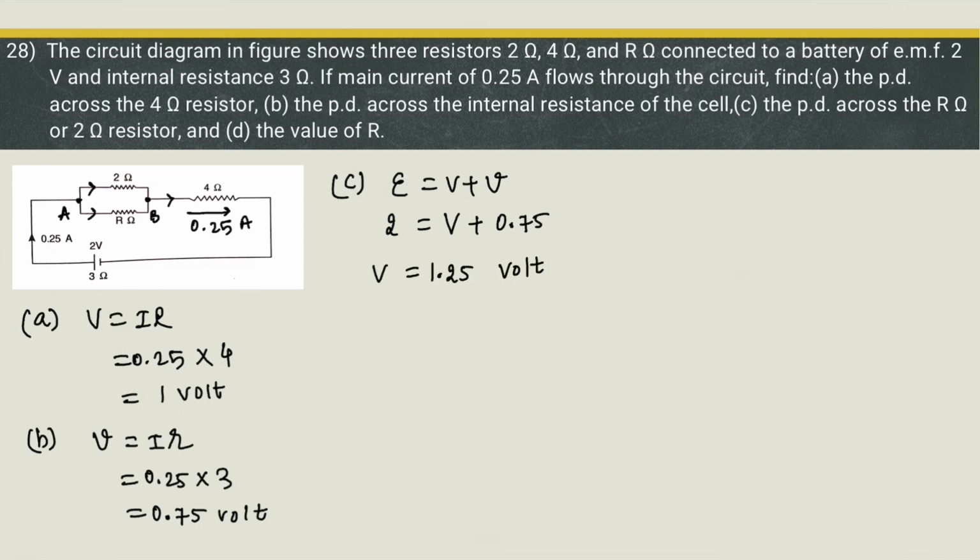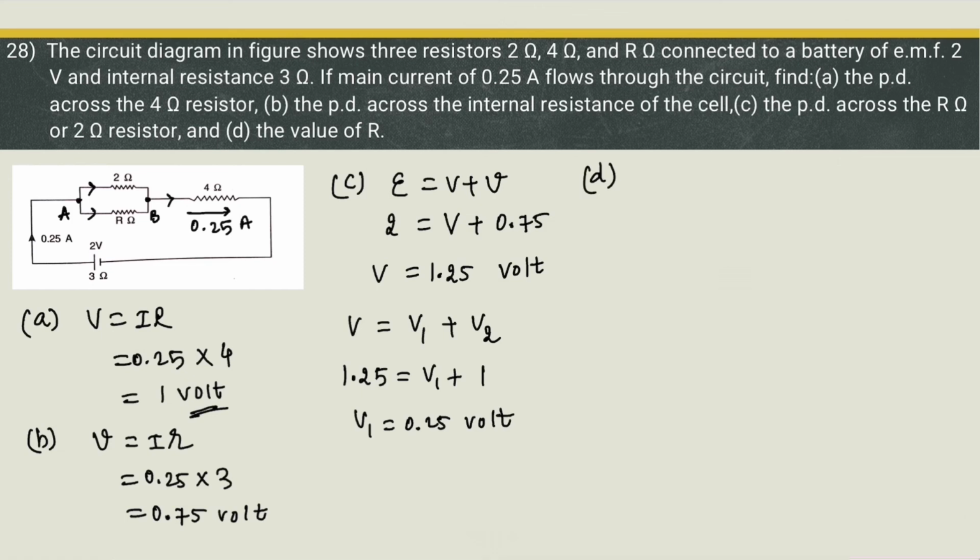Now this terminal voltage divides into two parts: potential difference across the combination of 2 and R, and potential difference across 4 ohm resistor. So 1.25 is equal to V1 plus V2. V2 is 1 volt. So V1 is equal to 0.25 volt. Alright, so PD across R or 2 ohm is equal to 0.25 volt.